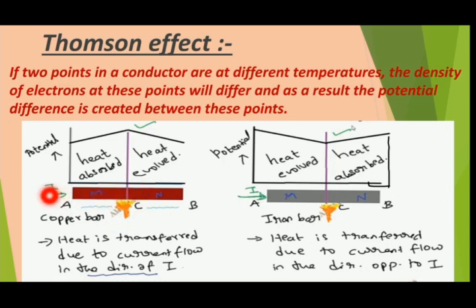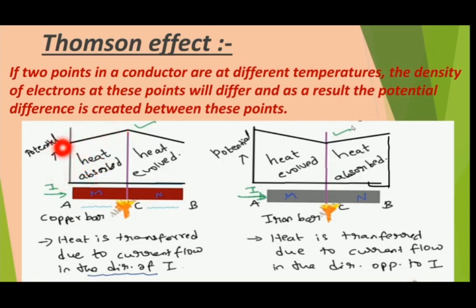When current is passed from A to B, now here N is the middle point of B and C, N shows a higher temperature compared to M. Similarly, B will show a higher temperature as compared to A. It means from A to C, heat is absorbed, because the potential is high.